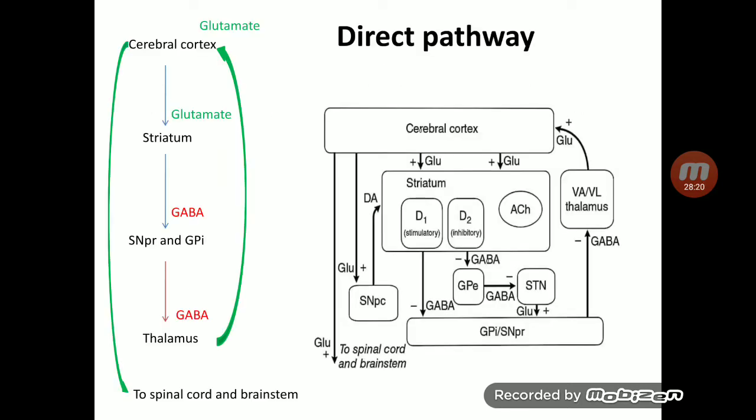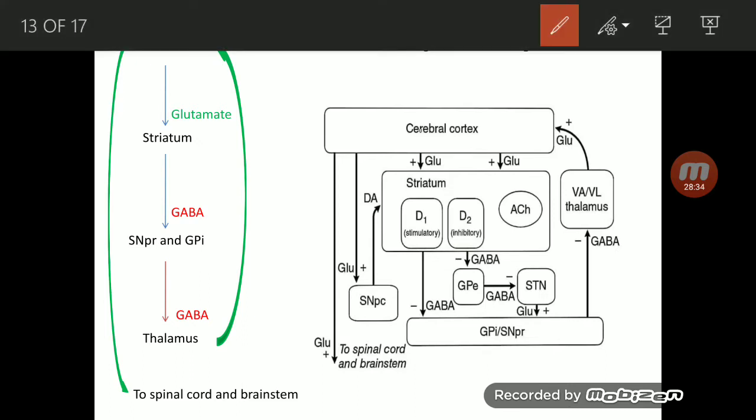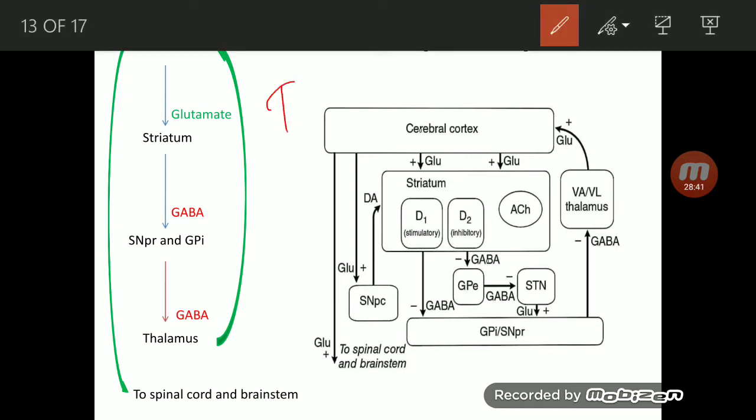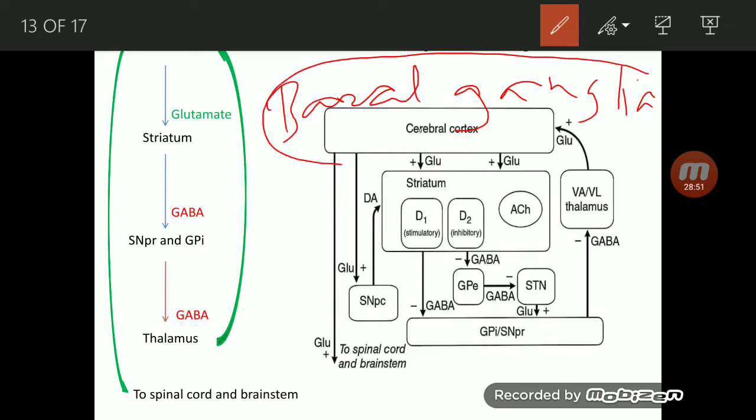So if we come to the pathogenesis, whenever we think about movement of your body, the major area of your brain that Parkinson's disease affects is the basal ganglia. There is degeneration of neurons occurring in the basal ganglia.